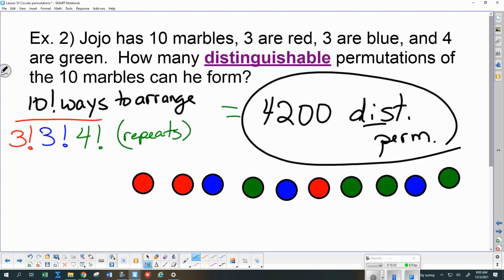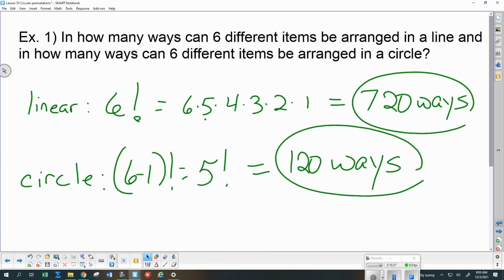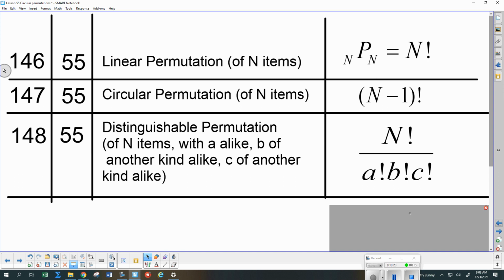So you see what we did there. So that's our other formula. If we have a total of N, like we had 10 in this one, that factorial goes in the numerator. Then we look for things that repeat. We had blue ones that repeated. We had 3 of those, so we did a 3 factorial in the denominator.